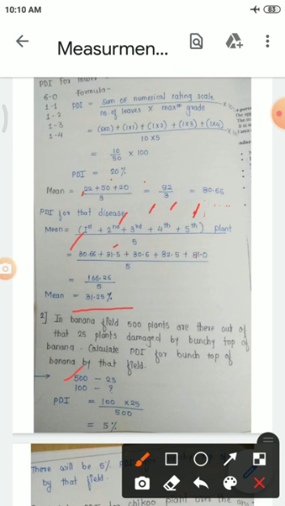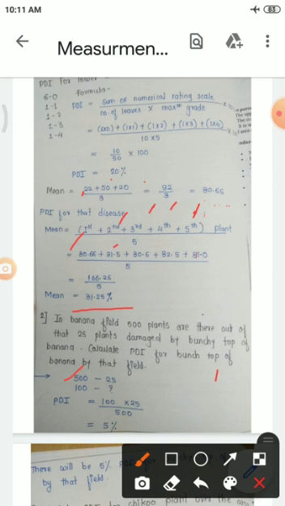For calculation of PDI, as we know PDI is expressed in percent, that means out of 100, how much damage or how many plants are damaged. So PDI is equal to 100 into 25 divided by 500. So near about 5% damage is observed in the banana field, that is, PDI is equal to 5%.